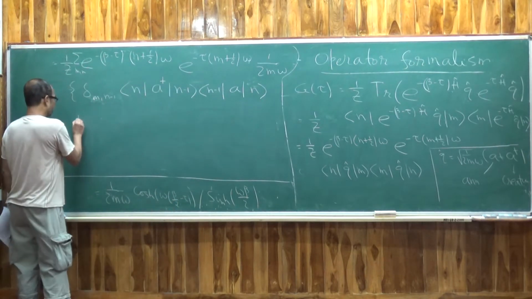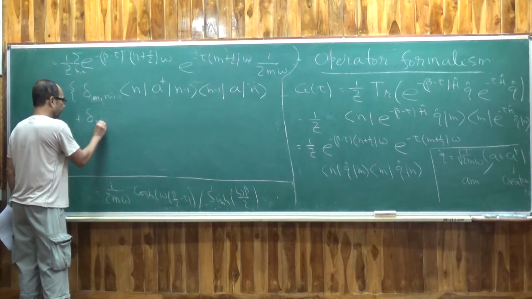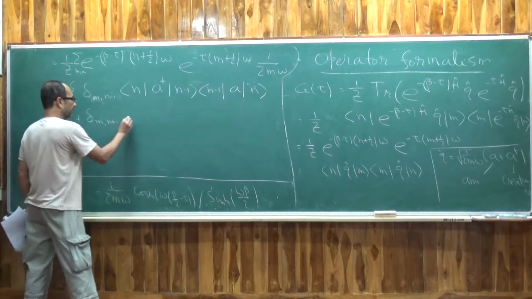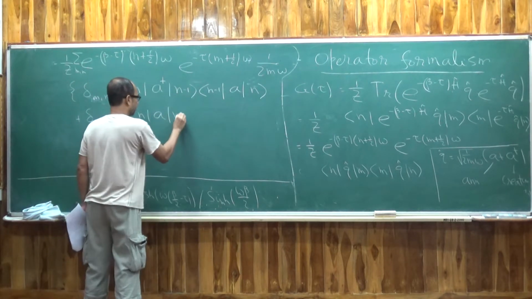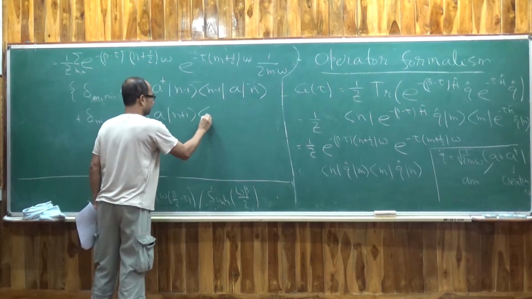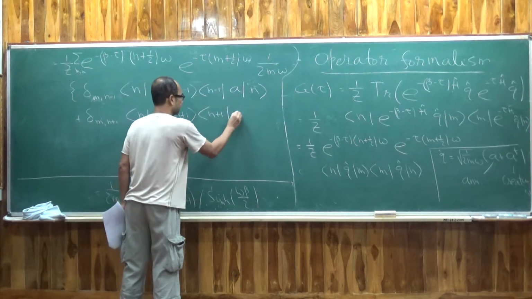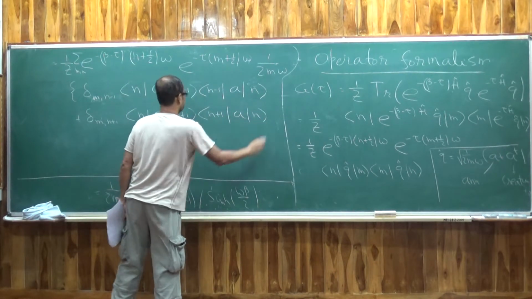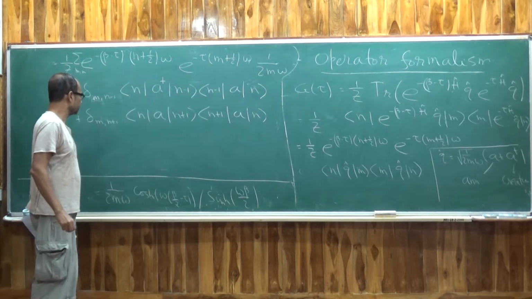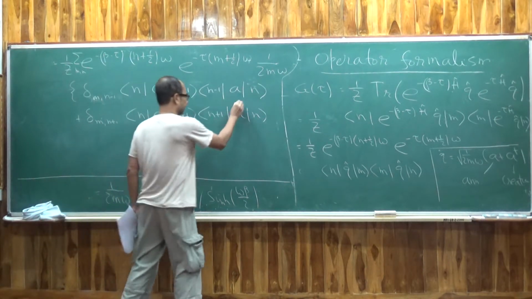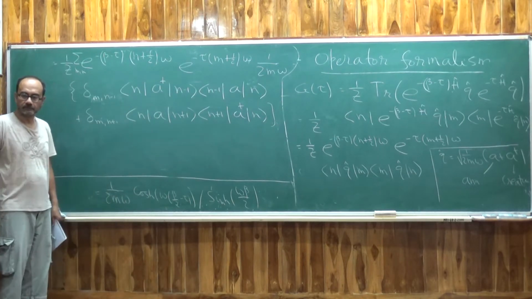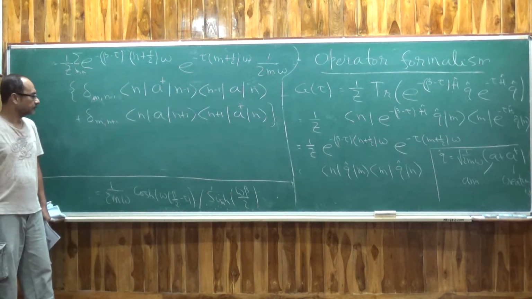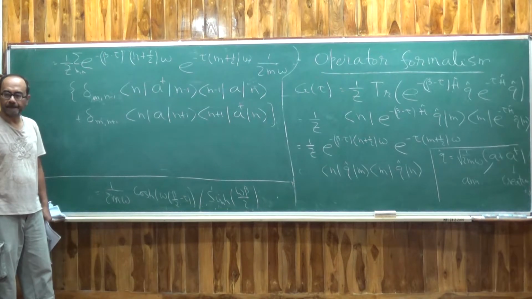Then there is another term, delta m, n plus 1. Then it will be ⟨n|a|n+1⟩⟨n+1|a†|n⟩. Sorry, a dagger. Is this clear?